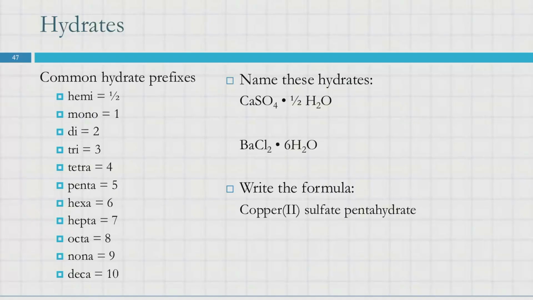And these are some of the common hydrate prefixes. These can go up to really large numbers. We probably won't go above 10, but they can go into the hundreds for this style of numbering. So common hydrate prefixes, the weird ones here, Hemi.